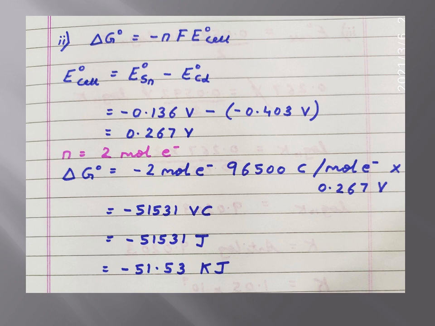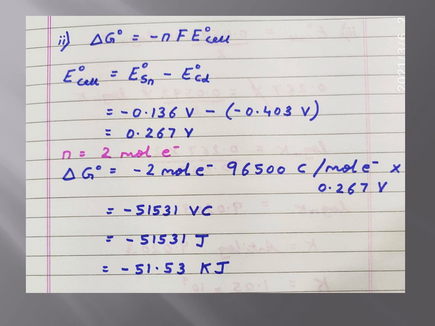E0 cell is equal to E0 cathode minus E0 anode. So E0 cathode is tin and E0 anode is cadmium. Substituting the values of standard potential of tin and cadmium into this formula, we get E0 cell is equal to 0.267 volts.